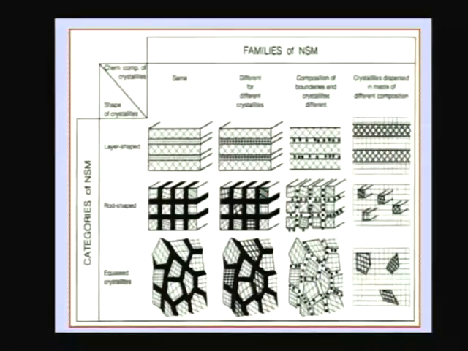So, the definition of a composite itself has to be looked at carefully, because any material with more than one phase, in principle, people have started calling a composite. If that is the case, even steel for that matter should be called a composite, because you have more than a single phase there.